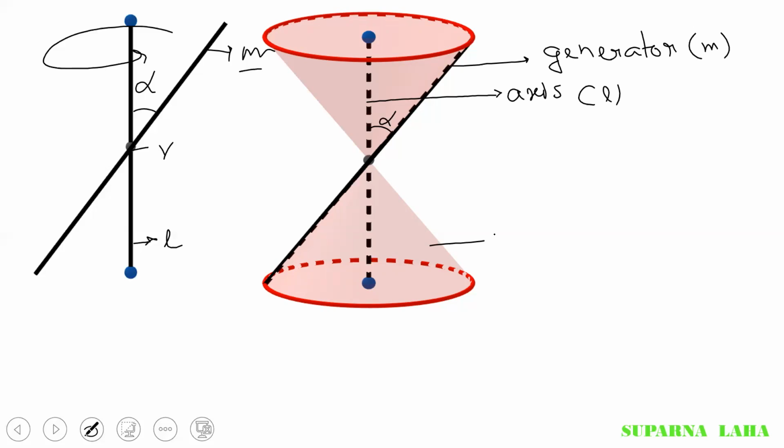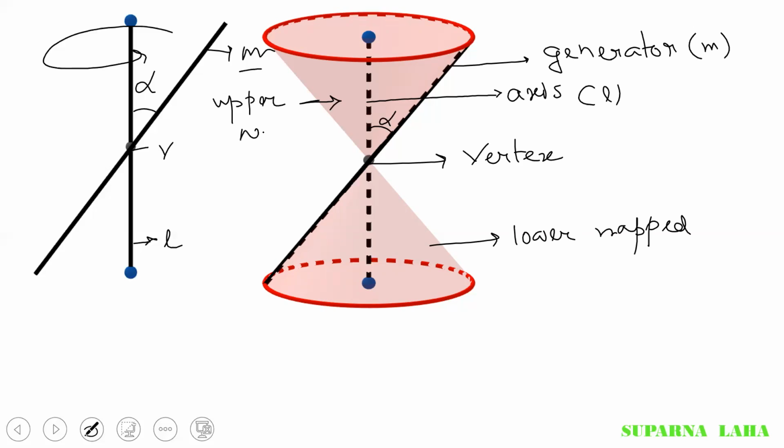This point is called the vertex, this is called the lower nap, and this is called the upper nap. This is the angle between the axis and the generator.